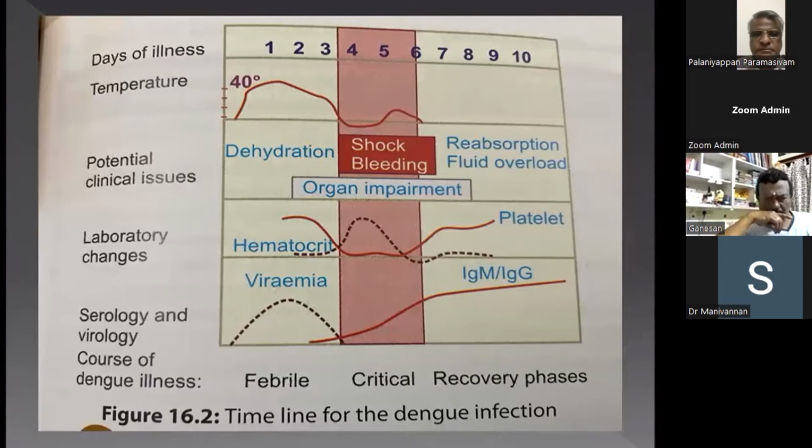During the febrile illness, the child will have fever like any other viral fever. They'll have pharyngitis. They can have body pain, lymphadenopathy, and then a generalized rash. Some amount of dehydration might be there. By the fourth or fifth day, everything will subside.